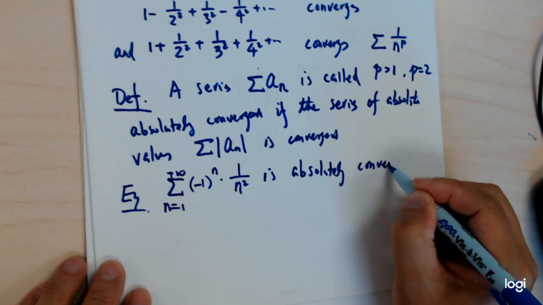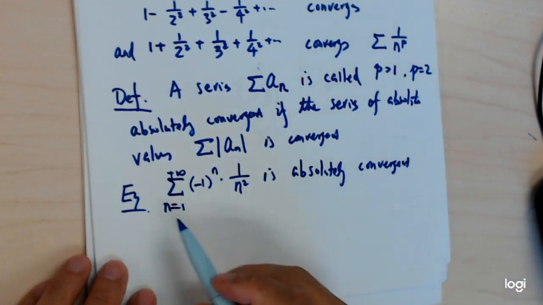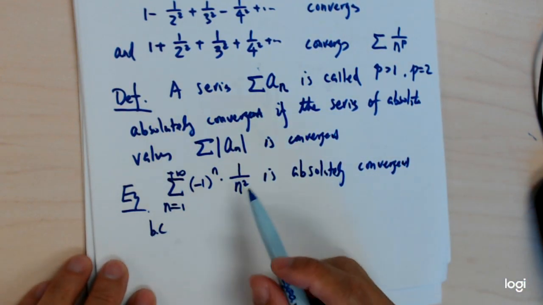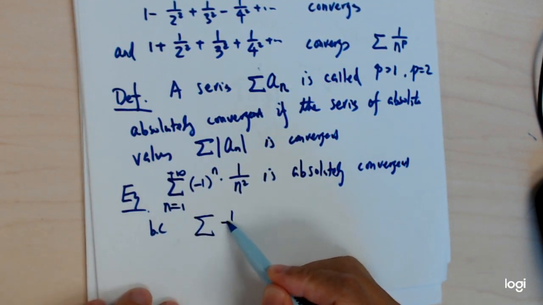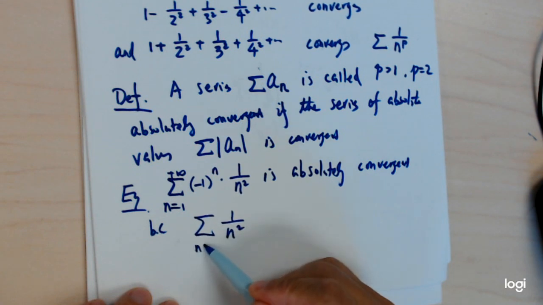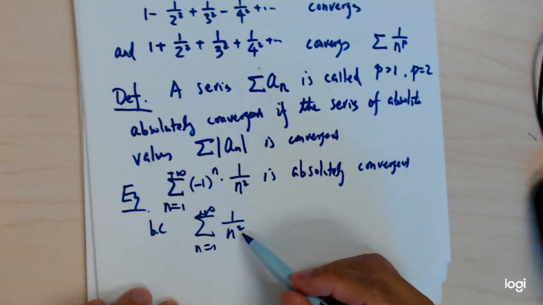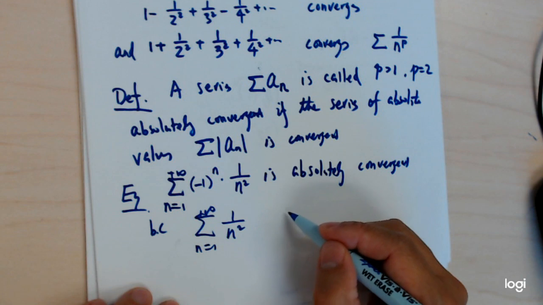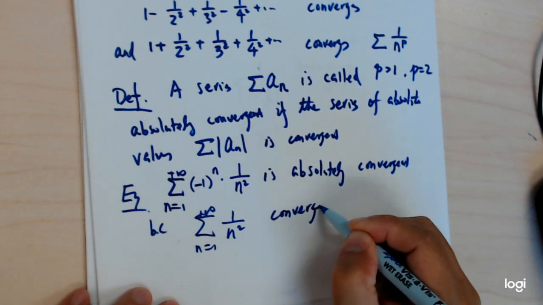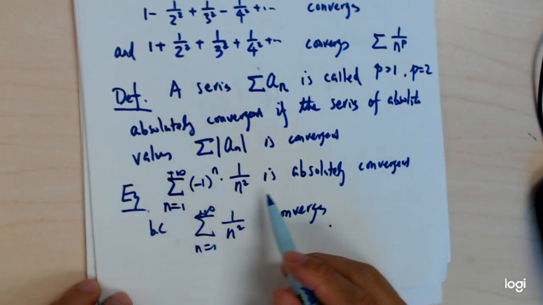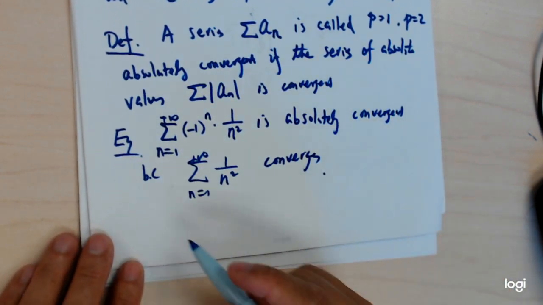Because, by definition, if you take the absolute value, you get this p series with p equal to 2, and this guy converges. And that's why we call this one converges absolutely.